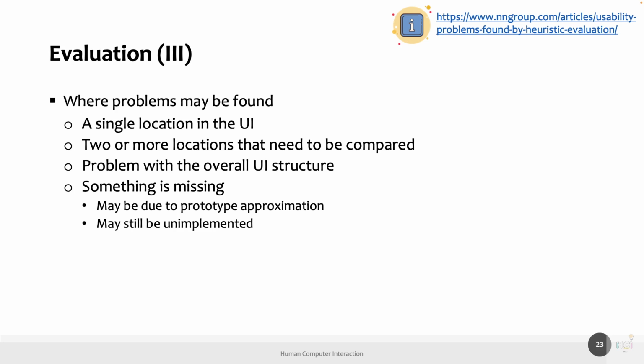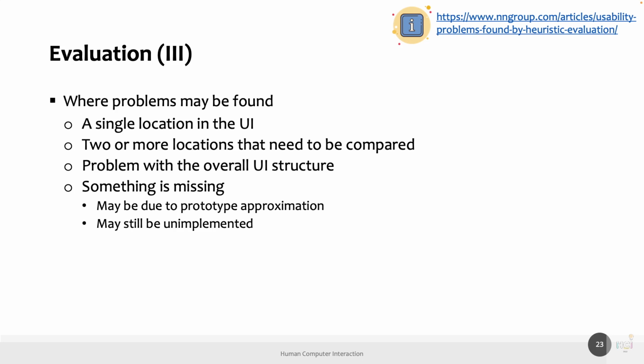Where can we find problems here? We can, first of all, find problems in a single location in the user interface. There is maybe a button without labels, just with an icon, and this icon cannot be really understood by a user, by the expert. A single location in the UI that is problematic.